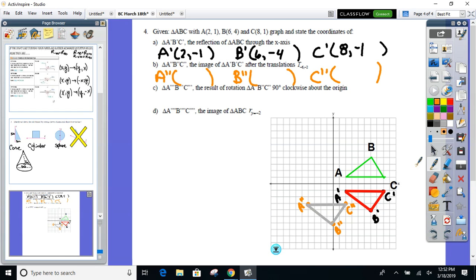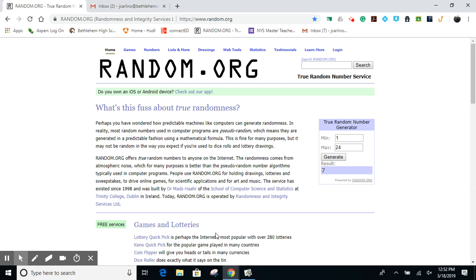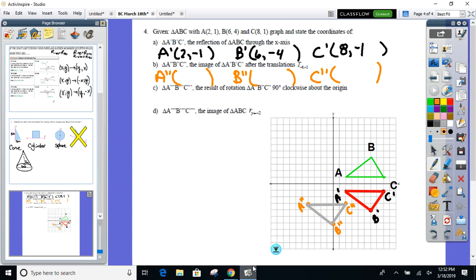The new coordinates when you're ready. All right, we're good to go. No issues so far, of course.